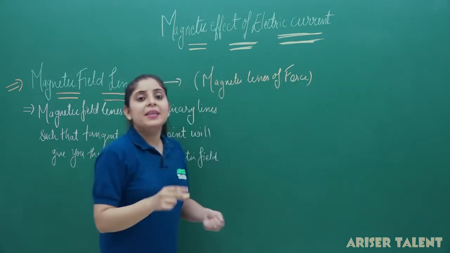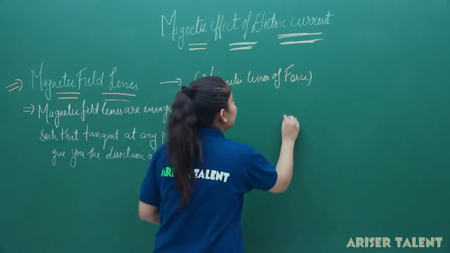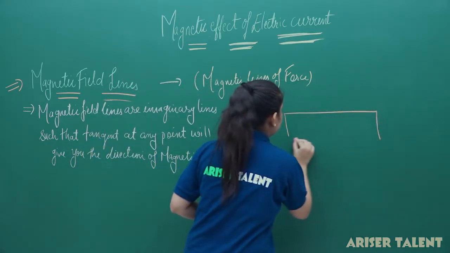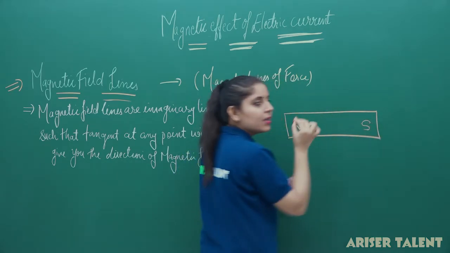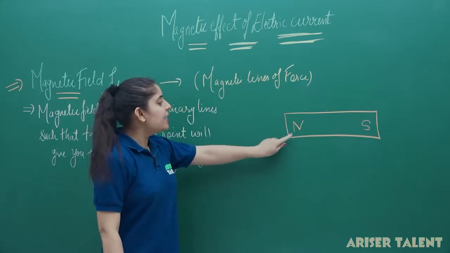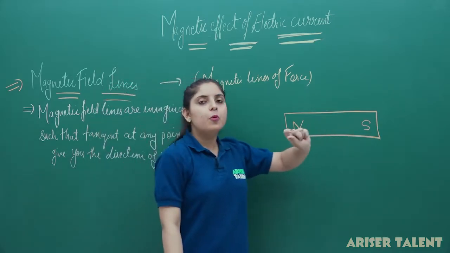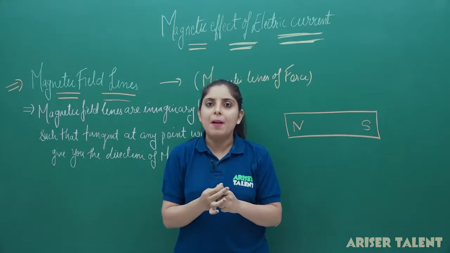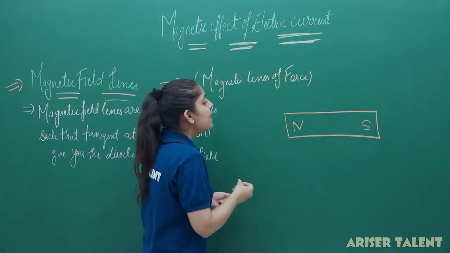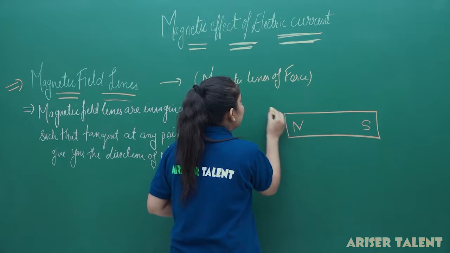If I take a bar magnet, it has a North Pole and a South Pole. If I draw the magnetic field lines in the case of the bar magnet, I can get magnetic lines like this.